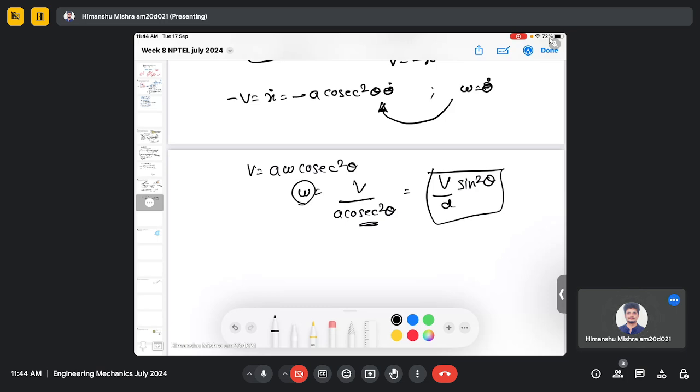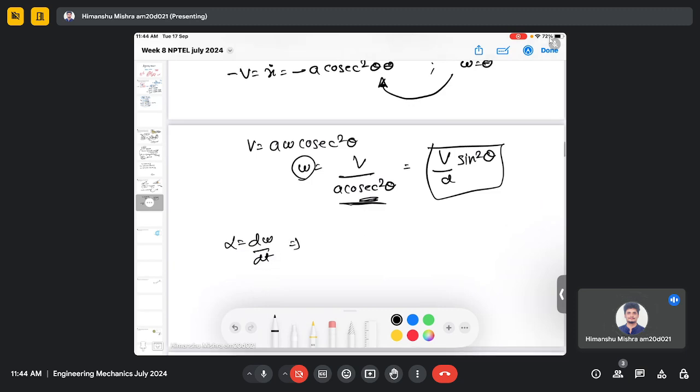Now we know that angular acceleration is the rate of change of angular velocity, so we need to differentiate this expression. So alpha equals d by dt of v by a sine square theta.